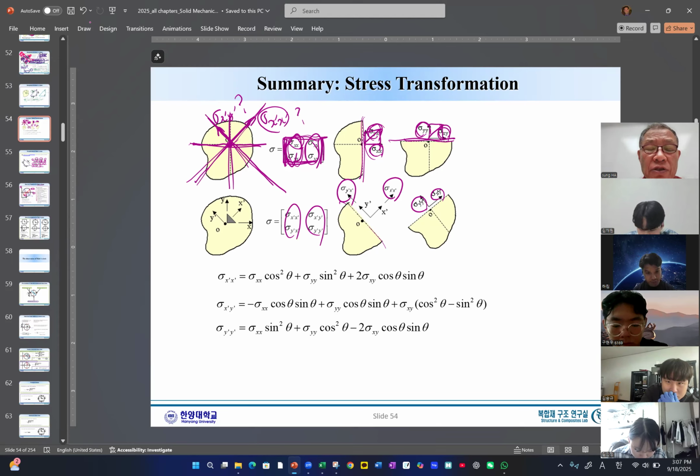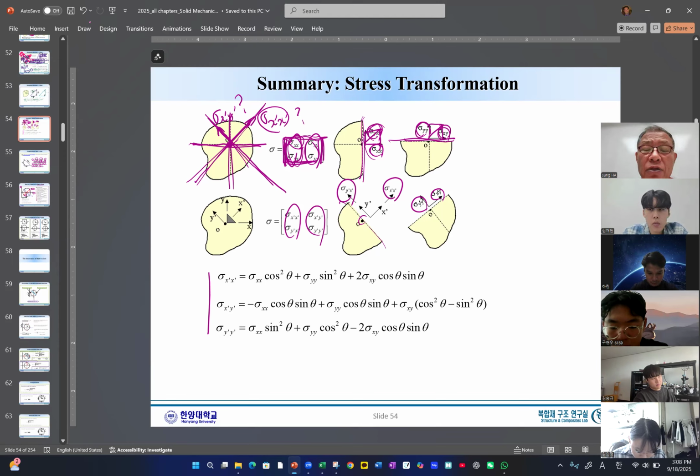Just to understand what we reviewed here, you don't have to remember all the equations. Why? Because you can always go back to this lecture note, internet searching, or an Excel file. But please do not forget the concept of this stress transformation.